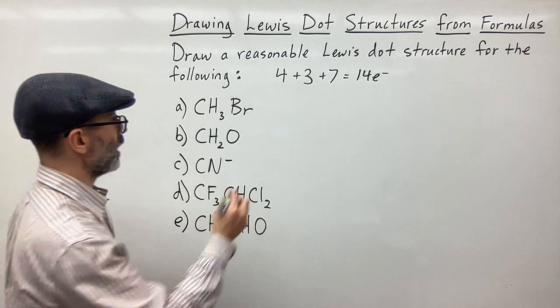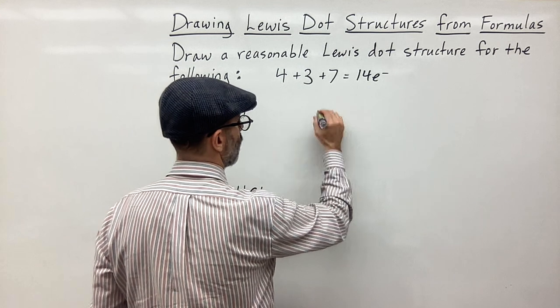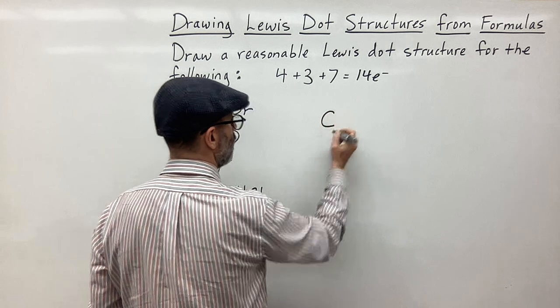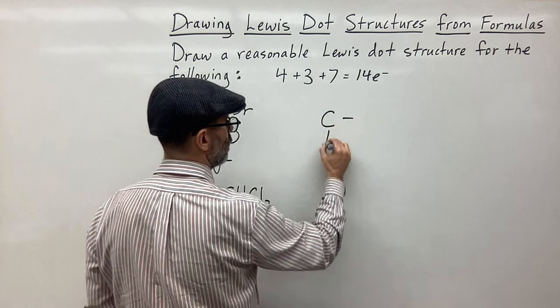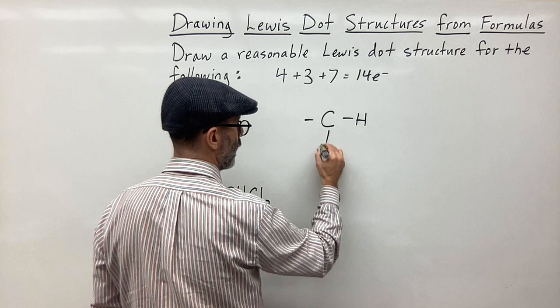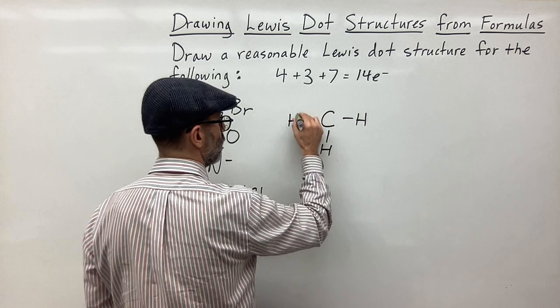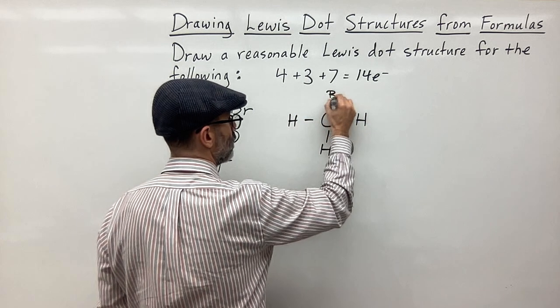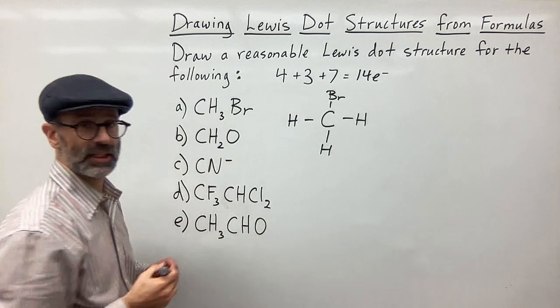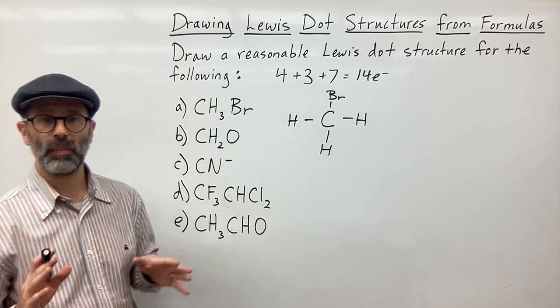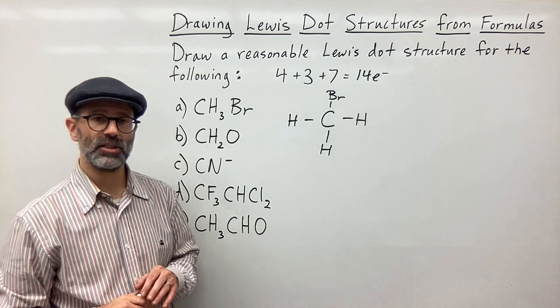Now that we have that, we can draw our skeletal structure. Carbon is going to be the center. I'm going to bond the hydrogens and the bromine, all with a single bond. No double, no triple bonds yet, just single bonds at this point.